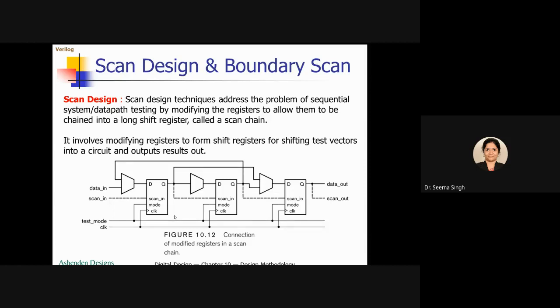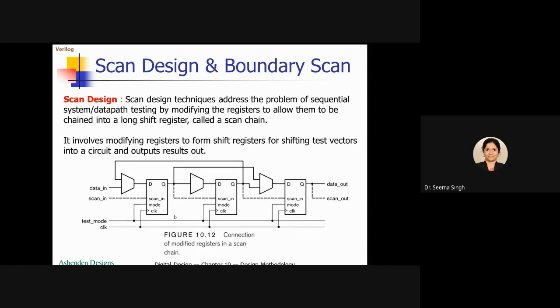It may not be the same path always. So we need to scan. Scan means it needs to see all the paths through which a sequential design signal can flow. So scan design basically addresses the problem of the sequential system or sequential data path by testing.